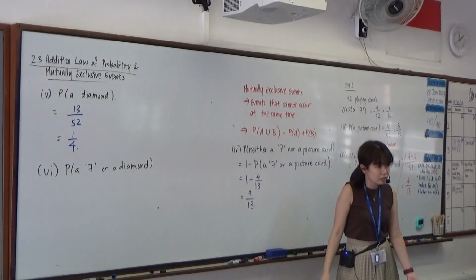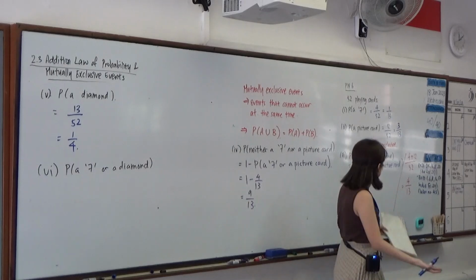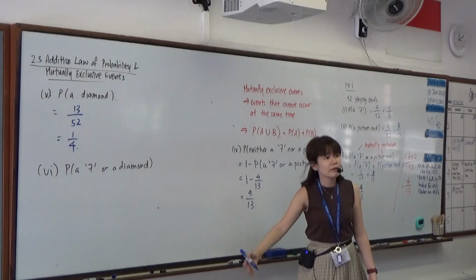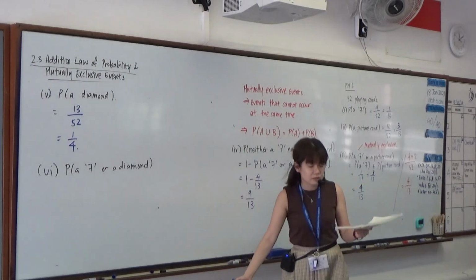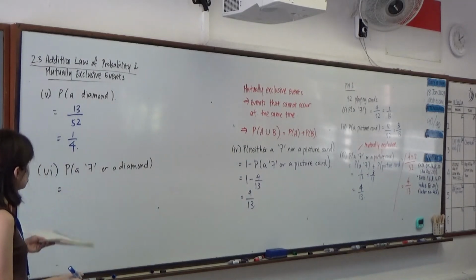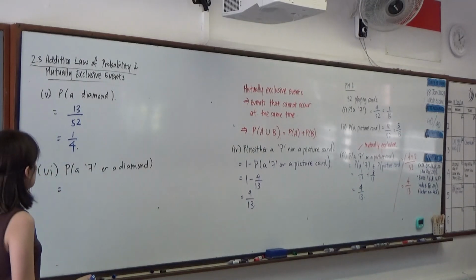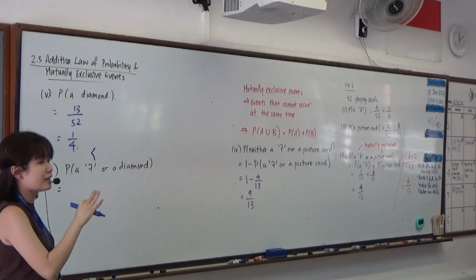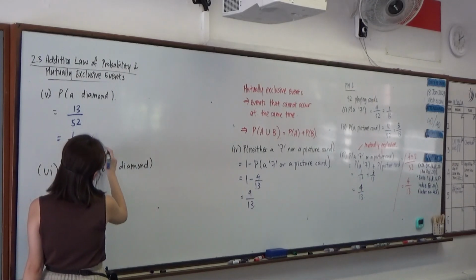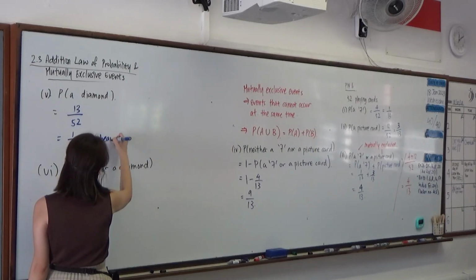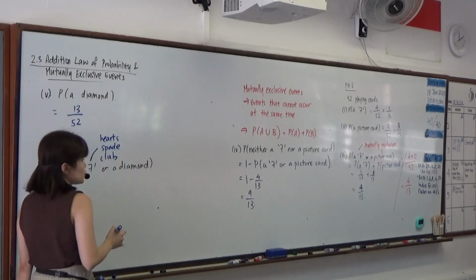So you cannot just take the probability of 7 plus the probability of diamond and add them up together. What you have to do is to literally go and count. So, probability of 7 or diamond, that could either be the 3 sevens that are not diamonds, the ones from your hearts, spades and clubs, so 3 of them.